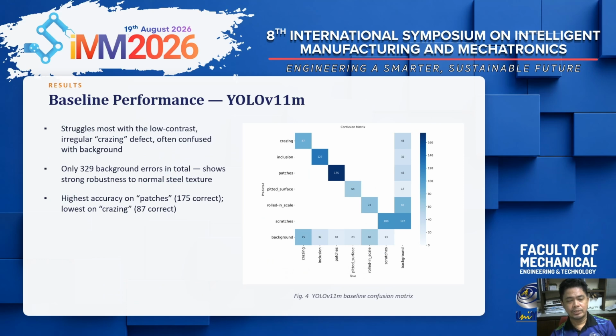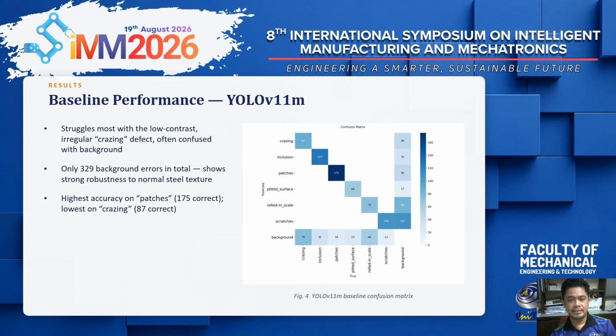Let's look closer at the YOLOv11M baseline results. Looking at per-class recall, it performed best on patches, correctly detecting about 91% of true positives. Its weakest classes are crazing at around 54% and rolled-in scale at about 55%.